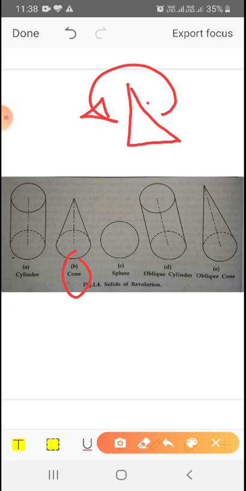This is the hypotenuse, and it generates what is called a cone.